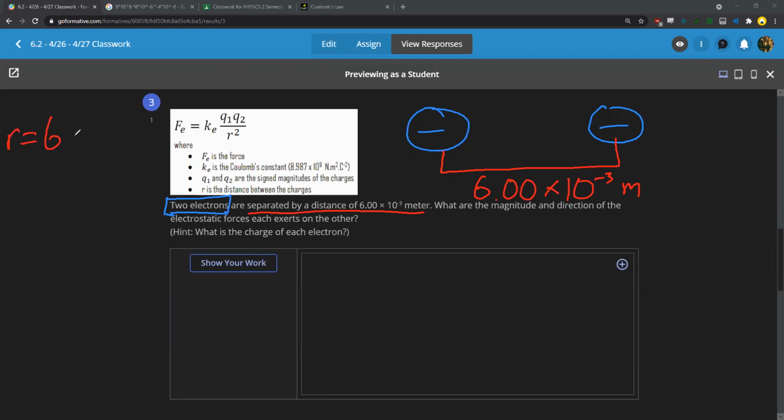R is 6 times 10 to the negative 3 meters. What else do we know?